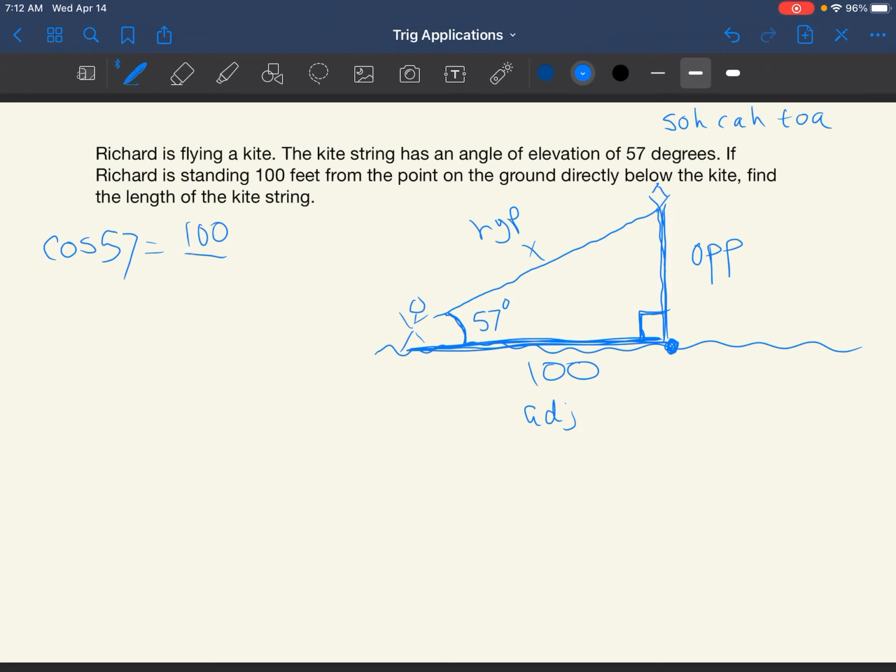Adjacent divided by the hypotenuse. Cosine is A divided by H. Our hypotenuse, well, we don't know what it is. That's what we're looking for. So we'll call that X. 100 divided by X. And this is what we have to solve.